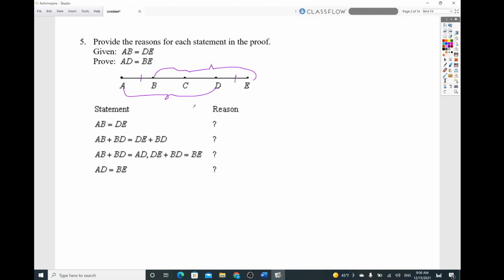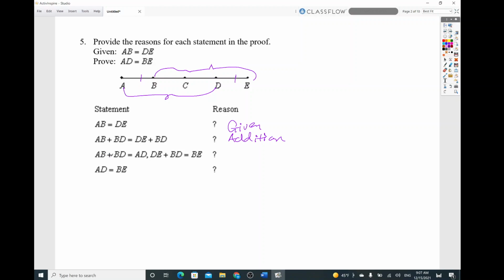Start off with the first reason, which obviously is given. And then AB plus BD equals DE plus BD. For this one, let's say it's the addition property of equality.